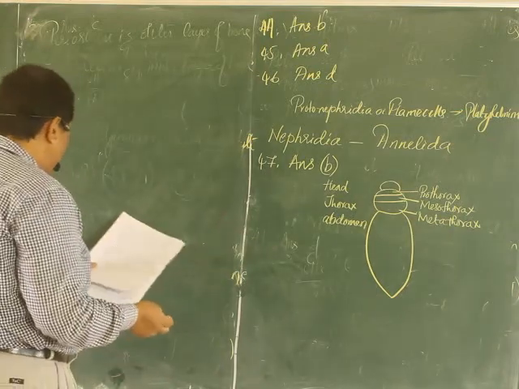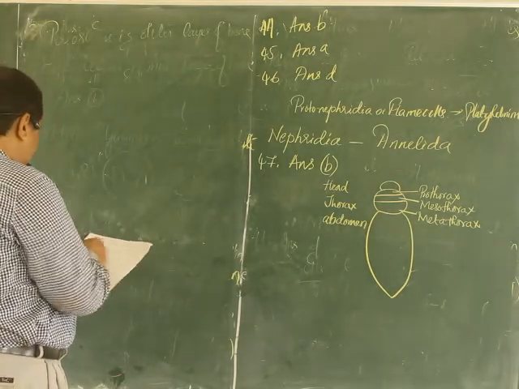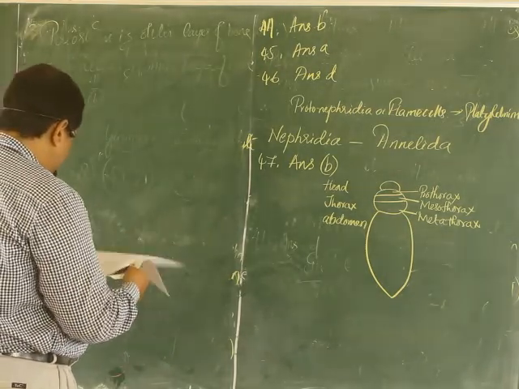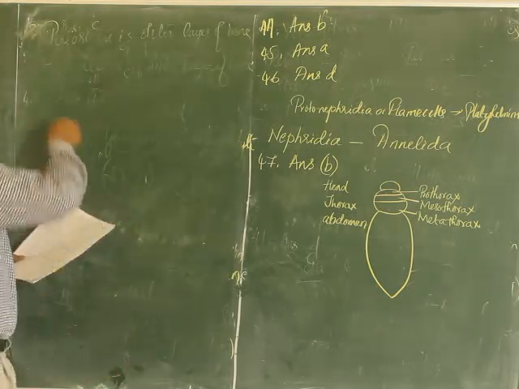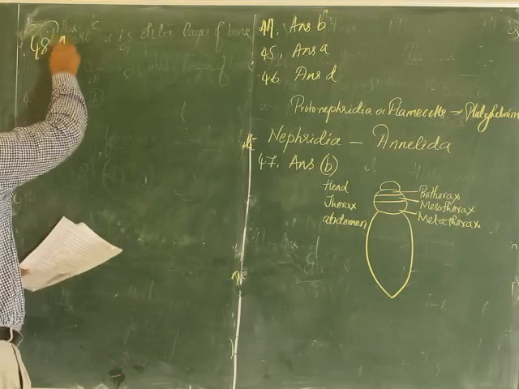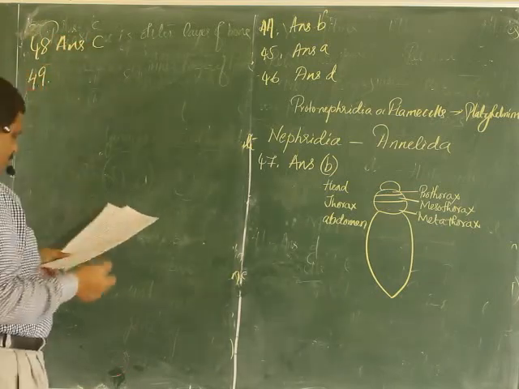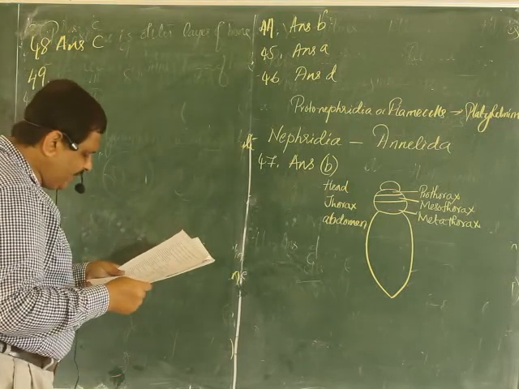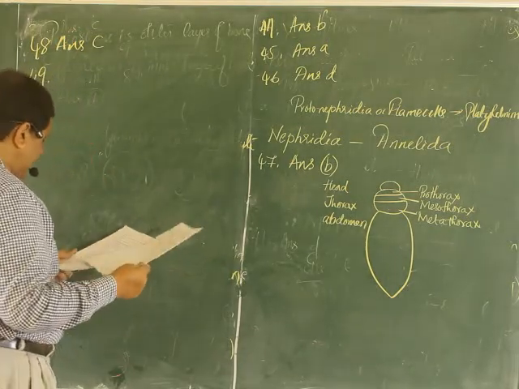So here we should remember that the endoderm of frog is going to develop liver, pancreas and thymus. Answer C.